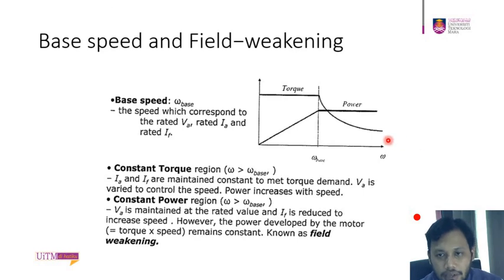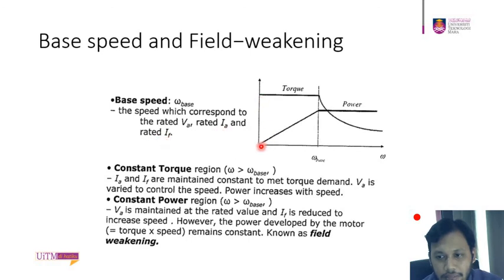Also you have your base speed and field weakening. So what is base speed? Omega base is the speed which corresponds to the rated Va, rated Ia, and rated If.